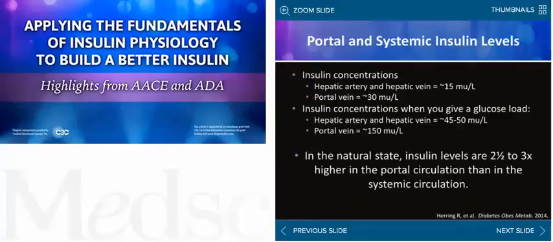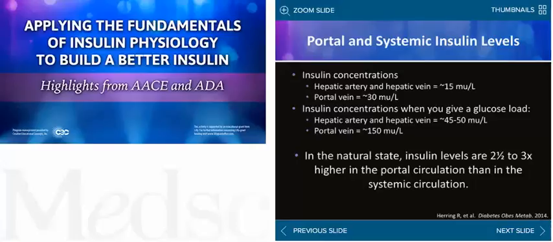For that, we first need to look at levels of insulin in the systemic circulation and the portal circulation. If you look at insulin concentrations in the hepatic artery and the hepatic vein, they're about 15 microunits per ml, whereas if you look at the portal circulation, the insulin levels are almost double, about 30 microunits per ml. When we give a glucose load, there's a sharp increase in insulin levels in the hepatic artery and vein to about 45 to 50 microunits per ml.